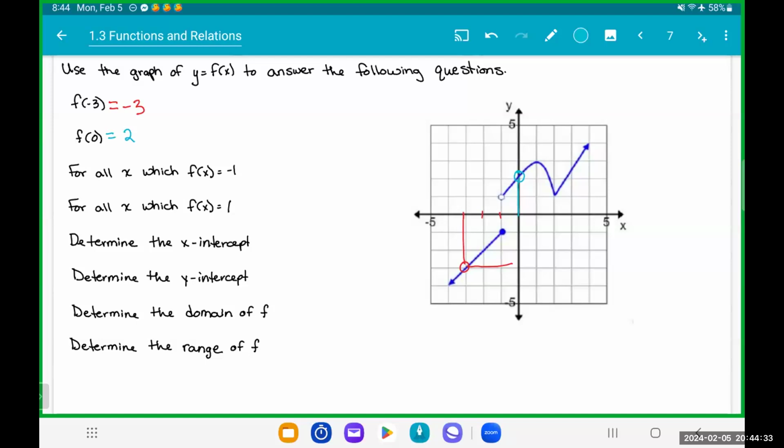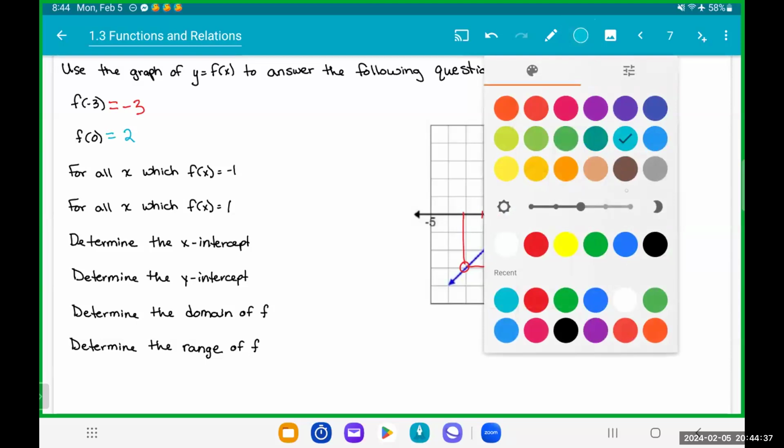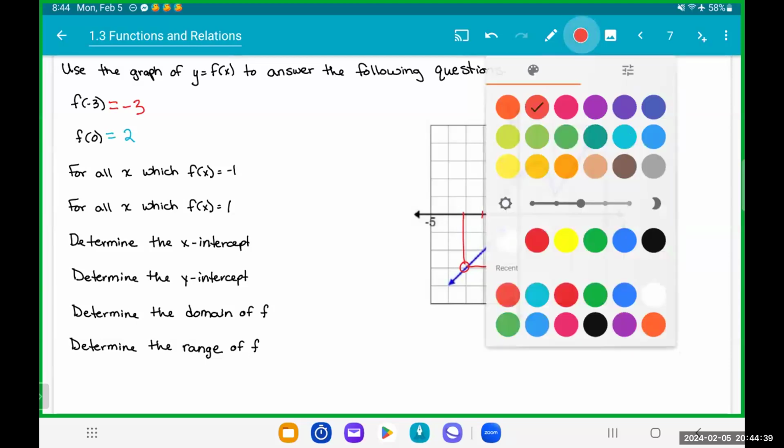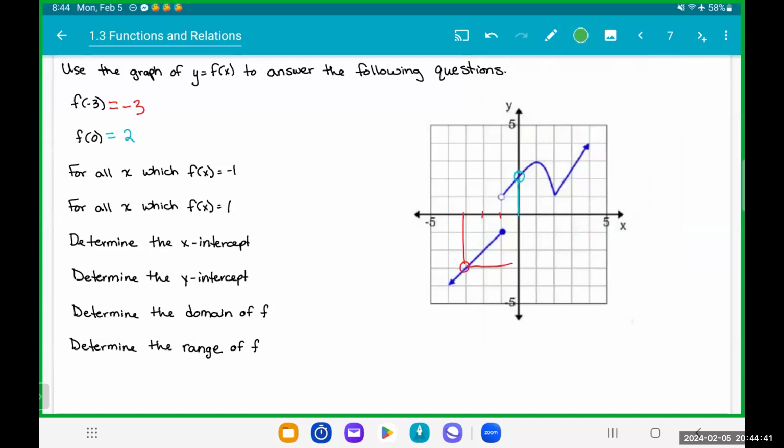Question. Okay. So for this next one, I want for all x, which f of x equals -1. Remember, f of x is really just y. So that's saying, where is y equal to -1? So I come over here and here's y equal to -1.